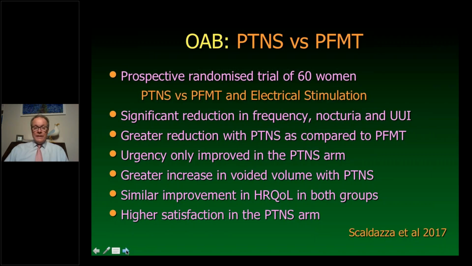Urgency was only improved in the PTNS arm, and equally there was a greater increase in voided volume in the PTNS arm as compared to the pelvic floor exercises, although there was a similar improvement in quality of life overall. However, ultimately there was a higher satisfaction in the PTNS arm as compared to the pelvic floor exercises arm.